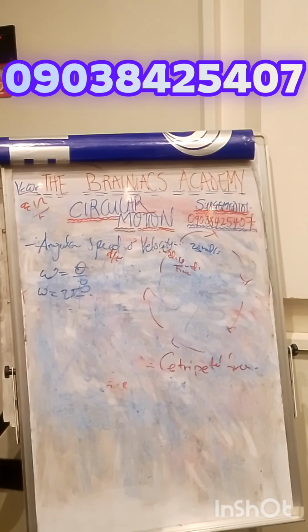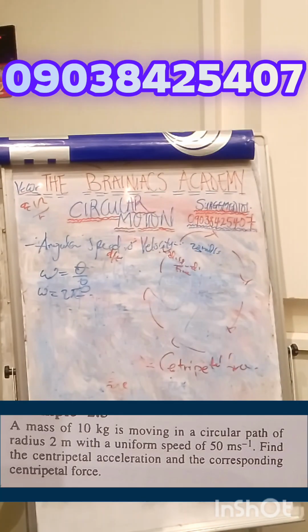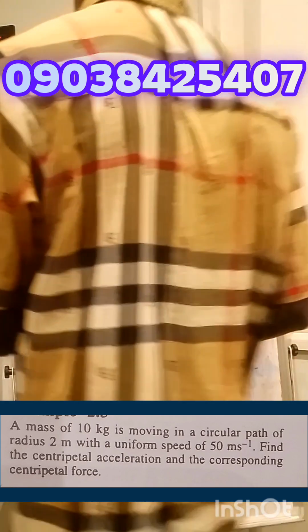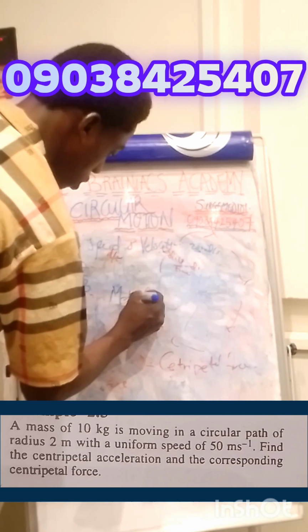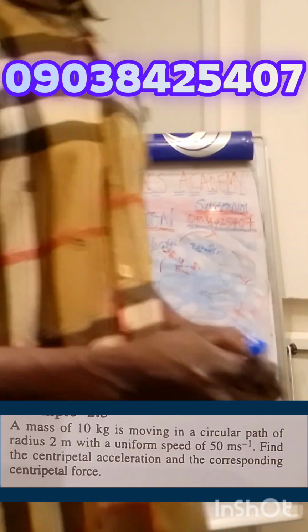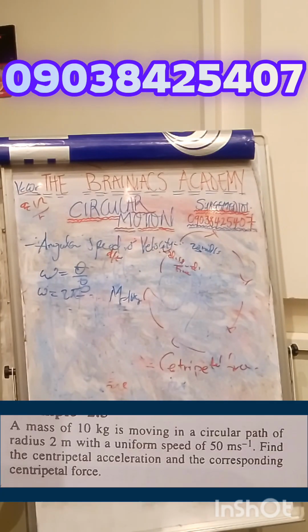Few examples. Let's say a mass, it will pop up on your screen actually. A mass of 10 kilogram, moving in a circular path of radius 2 meter.